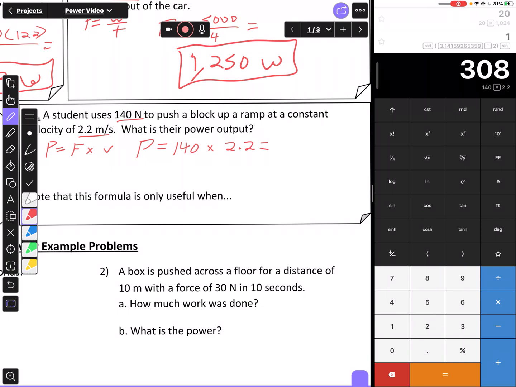And when I get my answer, it would be 308 watts. Now, this formula is only useful when velocity is constant.